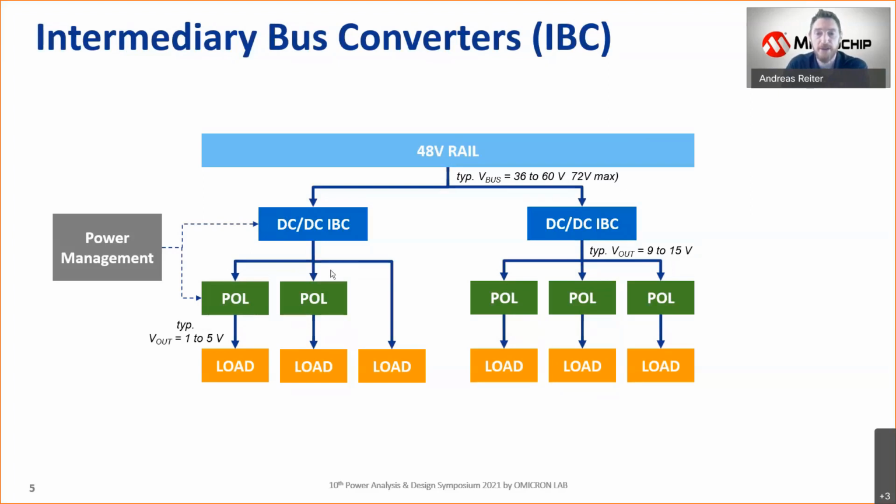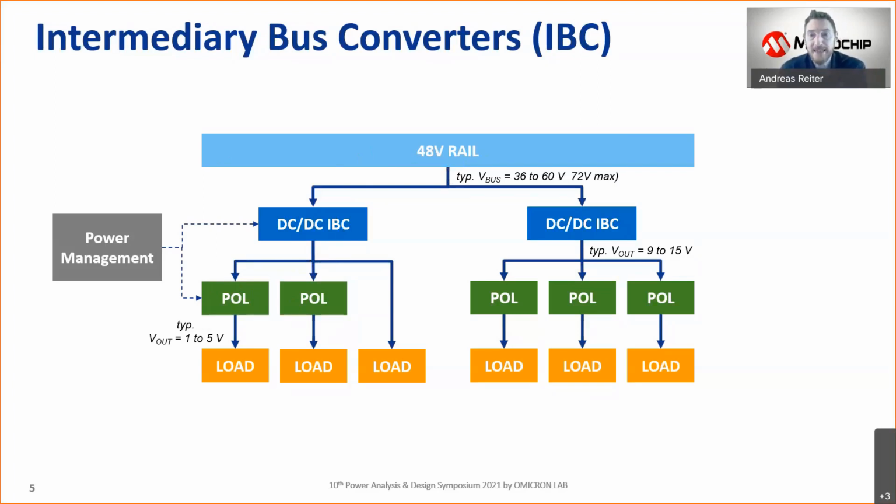Then this DC-DC converter on top basically has to deal with the load profiles, or damped load profiles, of all the points of load connected to its output. And then eventually that chain goes back to the 48-volt rail. So whatever is providing this 48-volt rail is also required to deal with the entire load profile of the complete system. The larger the system gets, the more challenging these load profiles can become.